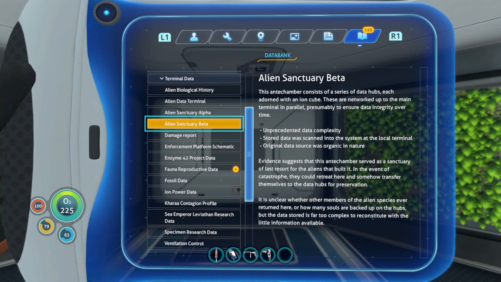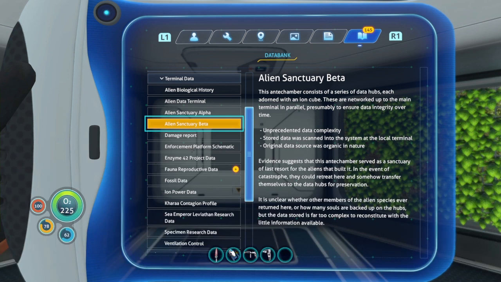It is unclear whether other members of the alien species ever returned here, or how many souls are backed up on the hubs. But the data stored is far too complex to reconstruct from the little information available.